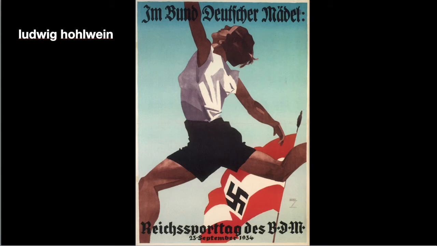This is a poster celebrating German girls in sport. It was the Association for German Girls, that's what BDM means, and they had an event called the Reich Sports Day, which is like a sporting festival. It'd be like the Junior Olympics or something. And Goebbels also said that German sport has only one task: to strengthen the character of the German people, imbuing it with the fighting spirit and steadfast camaraderie necessary in the struggle for its existence.